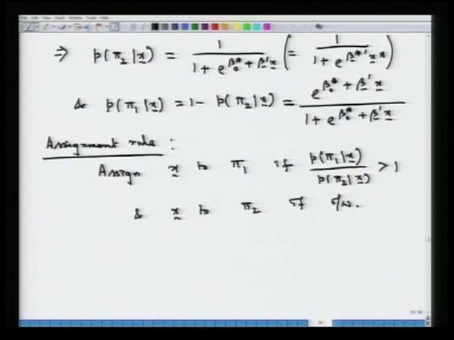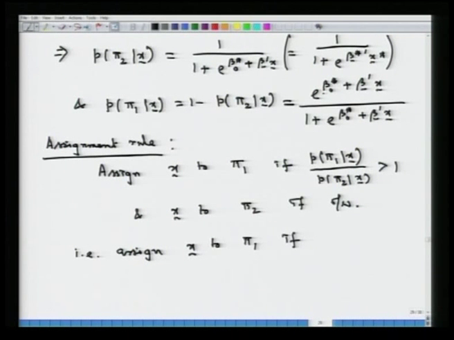Another way to look at this is: assign x to pi 1 if we look at the ratio P pi 1 by P pi 2 given x, this divided by this particular quantity.